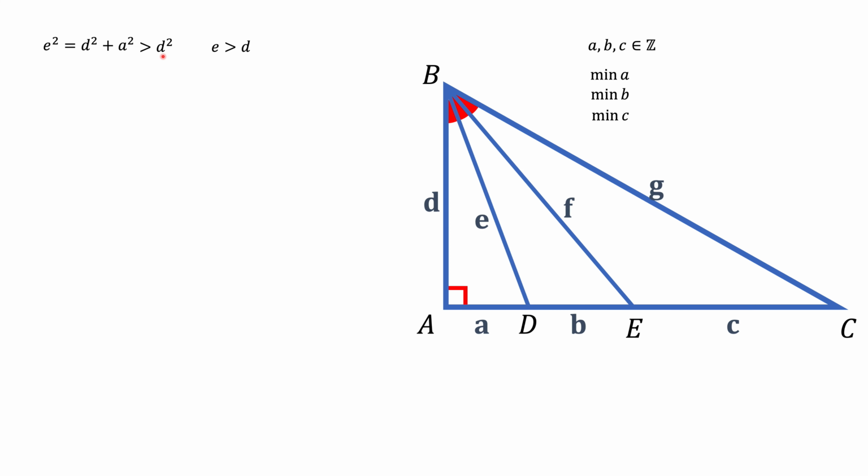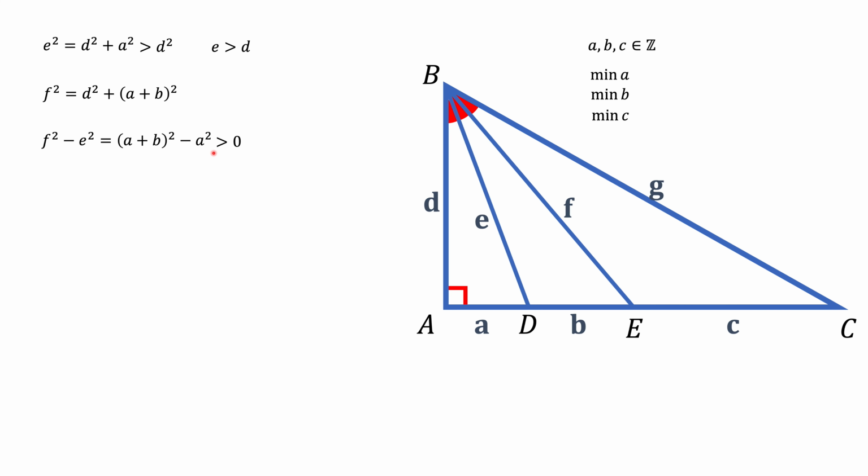But how do we show that f is greater than e? Well, to do that, first of all, let's look at the right triangle ABE and write the Pythagorean theorem for that triangle. And now we're going to subtract the first Pythagorean theorem from the second Pythagorean theorem. And that's what we're going to get. Obviously, the first term on the right-hand side is greater than the second term on the right-hand side.